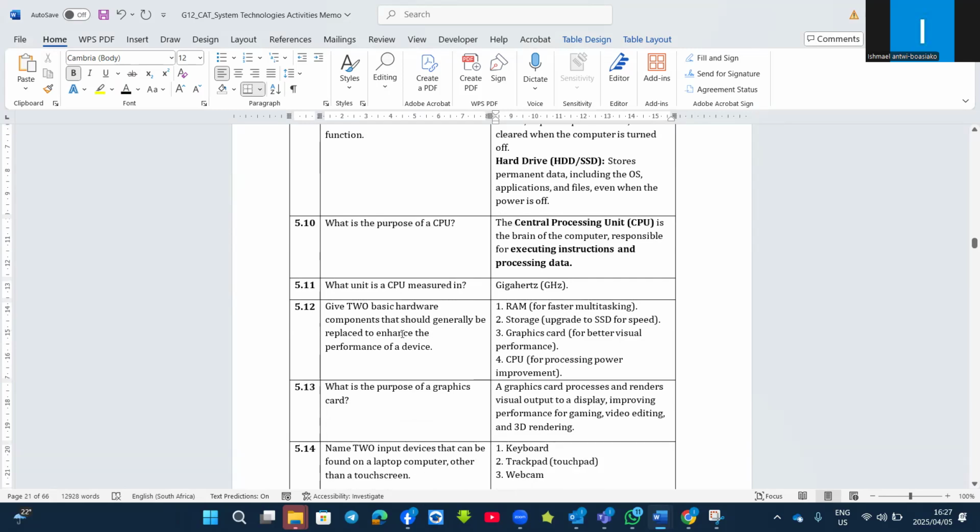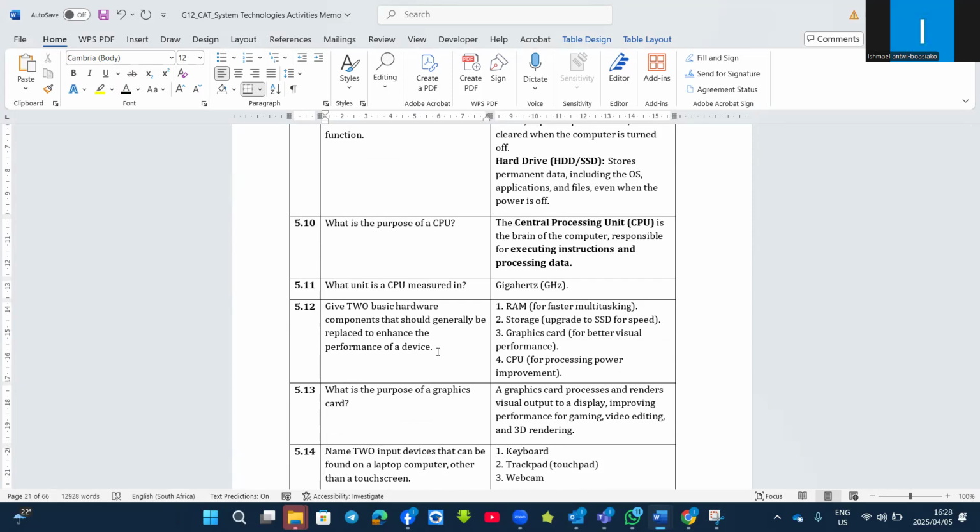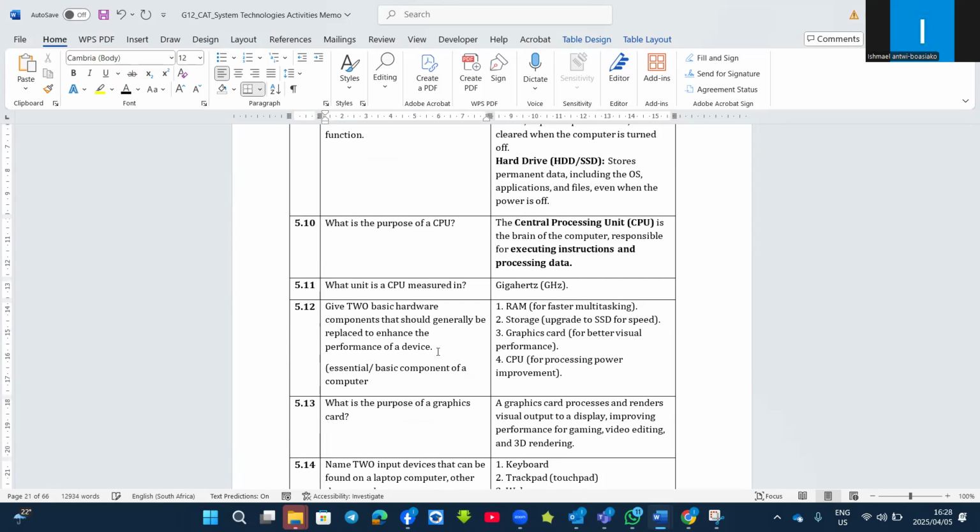5.12, give 2 basic hardware components that should be replaced to enhance performance of the computer. In other words, this question is also talking about the most essential or basic component of a computer.